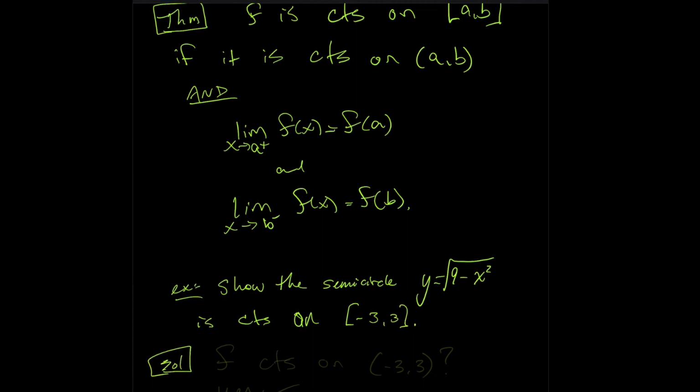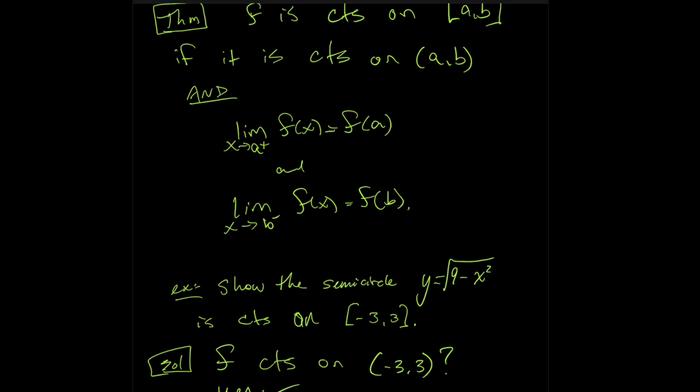So we know right away that it's going to be continuous on the open interval. We can plug in anything we want, it's always going to be defined. And so now we just need to check those other two conditions. So we want to check that the limit as x approaches negative 3 from the right is equal to f of negative 3.